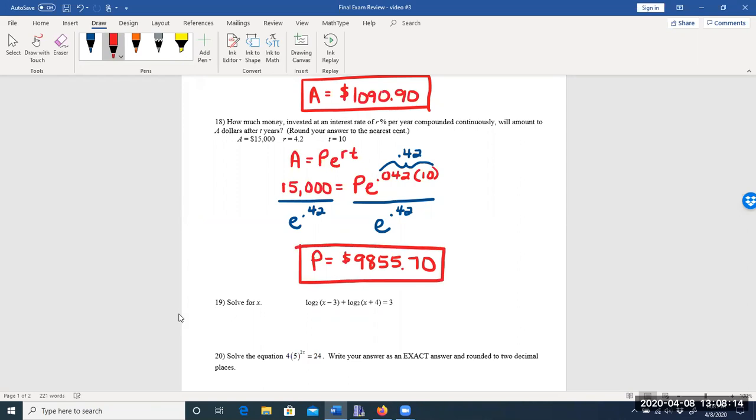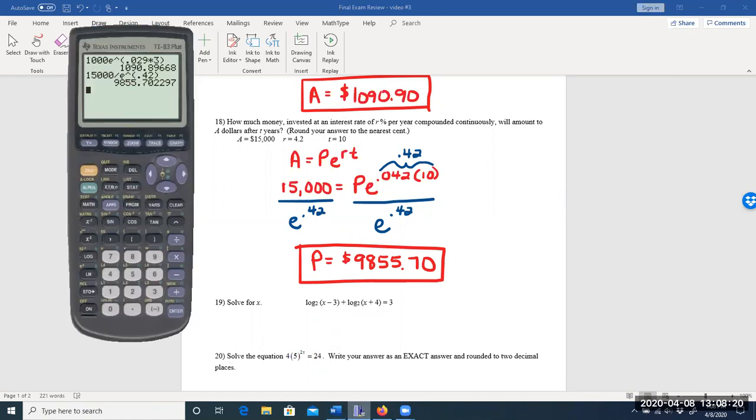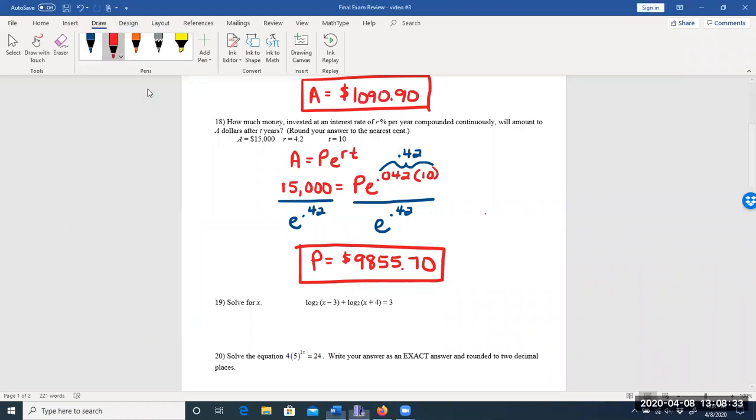Now this is what WebAssign will want for a problem like this. I did want to mention that technically a better answer would actually be 71 cents instead of 70 cents, because even though what follows the 0 is a 2, which would tell us not to round up, if you only invest $9,855.70, you won't quite have $15,000 after 10 years.